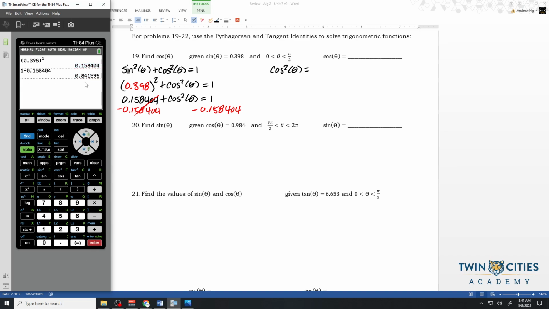That's going to be 0.841596. Now I'm trying to find cosine. This is cosine squared. So let's take the square root.